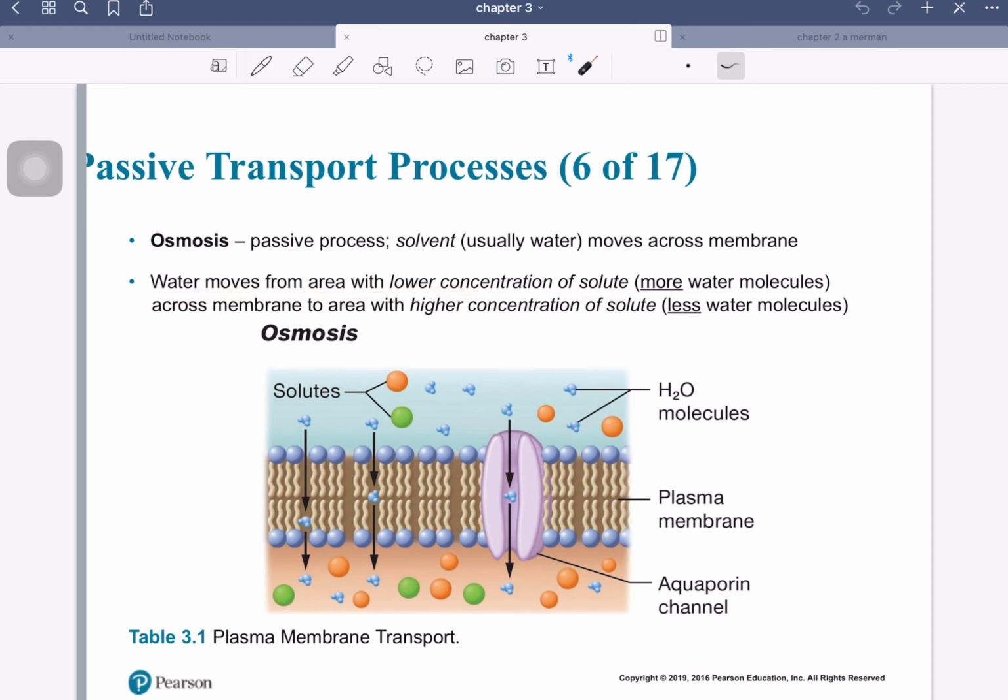Remember, water is the solvent, the solute. Now there's another way to think of it, is that there's more water molecules in that area. So water moves from an area with more water molecules across a membrane to an area with a higher concentration of solute, or the other way to think of it is less water molecules.